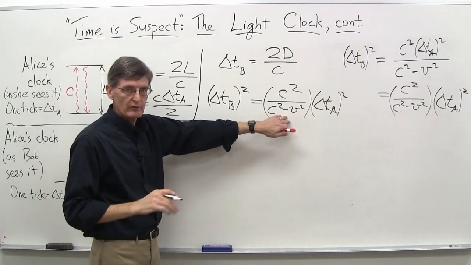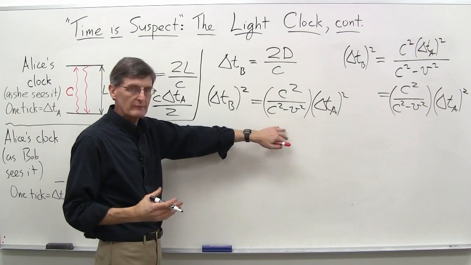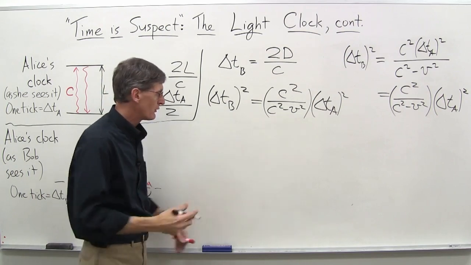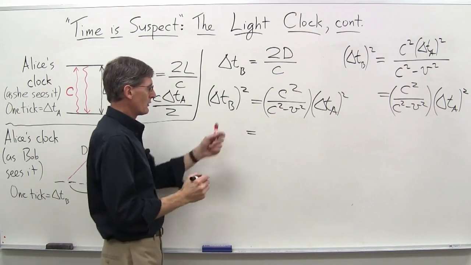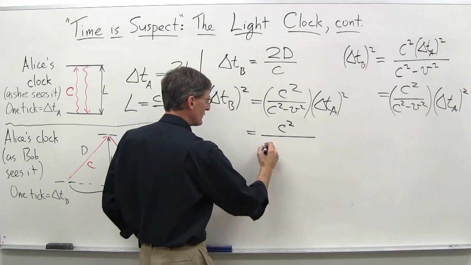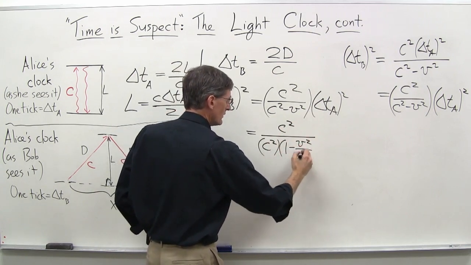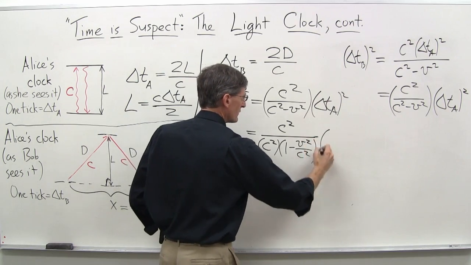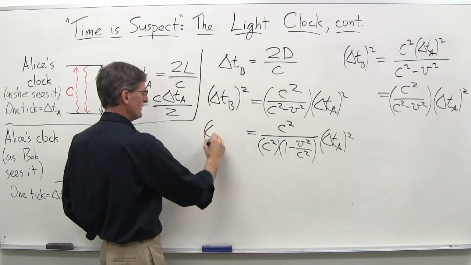Let's simplify this. We're going to use a little trick you may or probably may not remember. Something we talked about in the math review video clip, in the introductory set of video clips. We're going to rewrite this as, keep that c squared up there, as c squared times 1 minus v squared over c squared, and this still is delta ta squared, and of course delta tb squared over here.